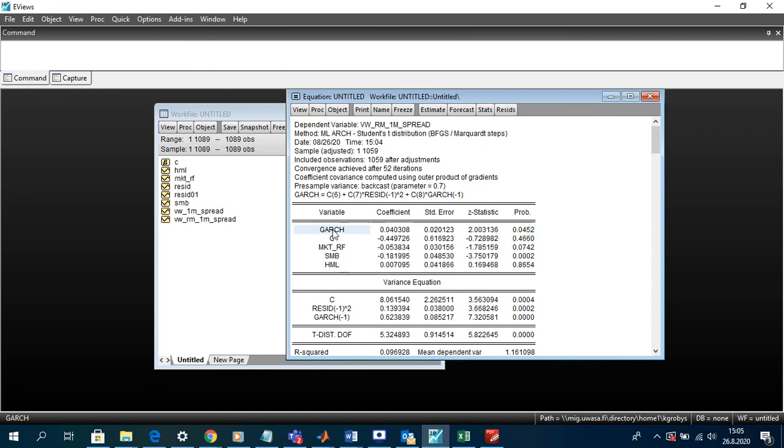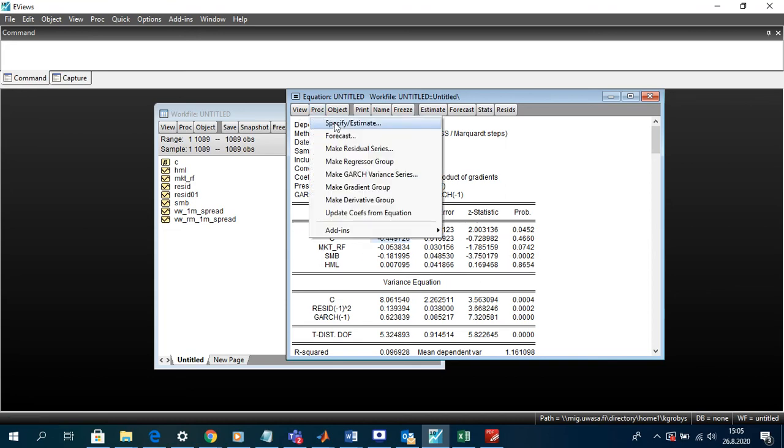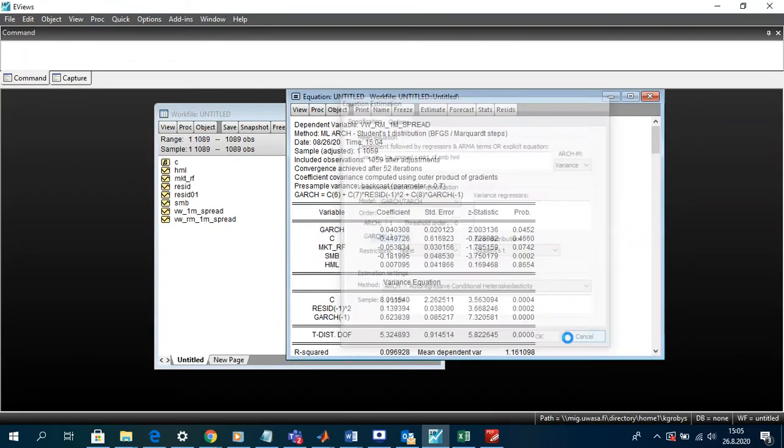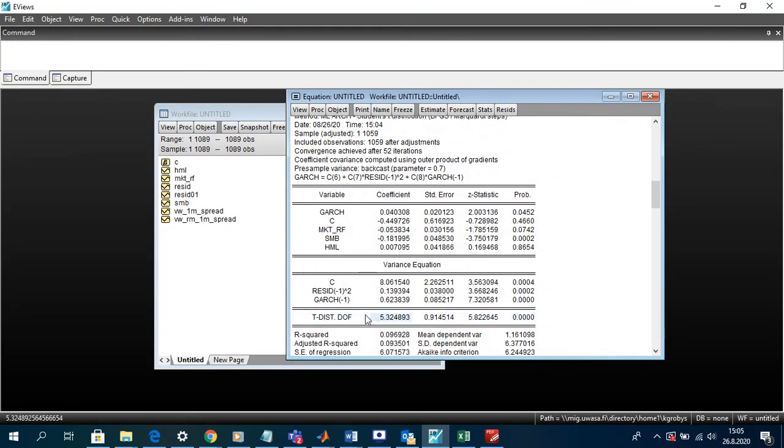And we see that the gamma, the corresponding estimate that we are interested in, should be positive when this is a risk factor, and it is positive. The z-statistic, respectively the p-value, suggests that this point estimate is statistically significantly positive, implying again our original conclusion that this strategy qualifies as a risk factor, after we control for the Fama and French risk factors, and provided that we have the correct distribution for our innovation process, which is a t-distribution with 5.3 degrees of freedom, having heavy fat tails.